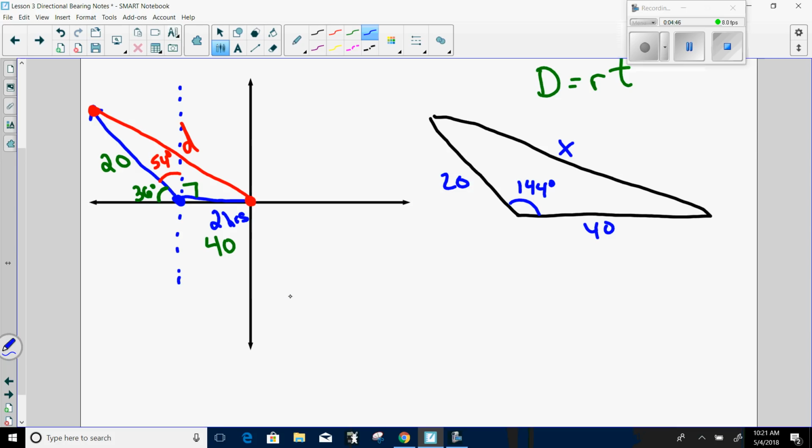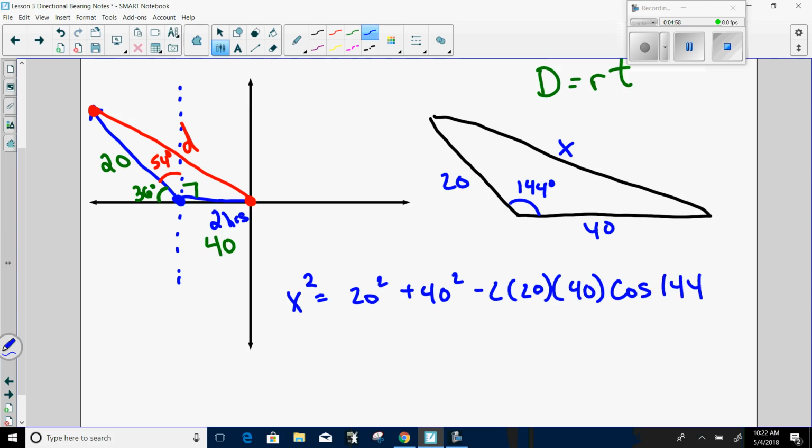So what it would look like is x squared equals 20 squared plus 40 squared minus 2 times 20 times 40 cosine 144. Once you have that, type that into the calculator, hit enter, and then take the square root.